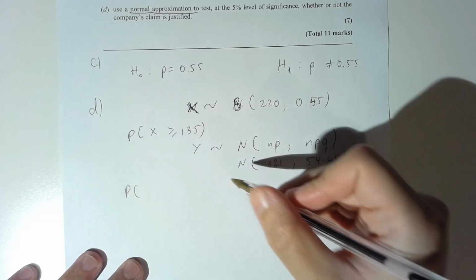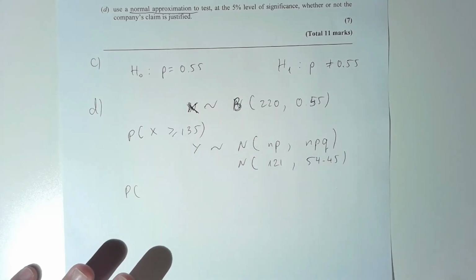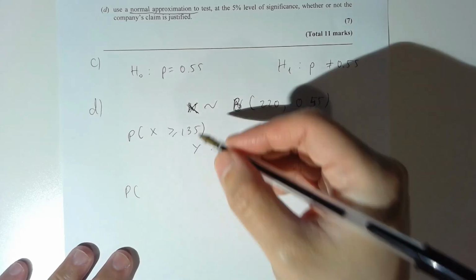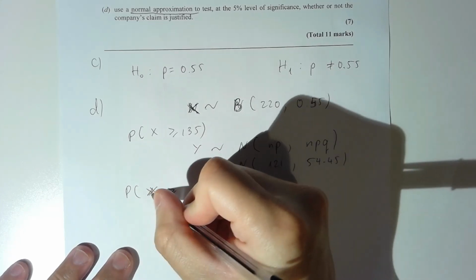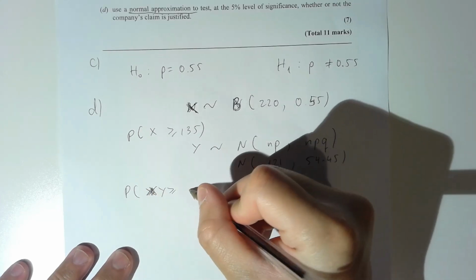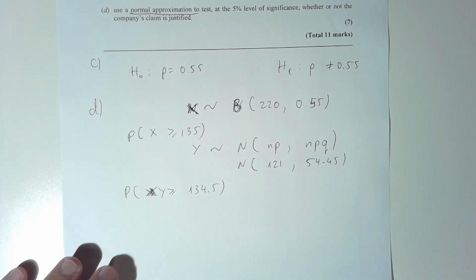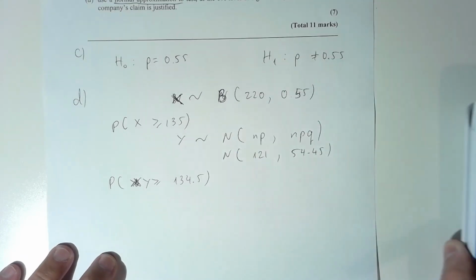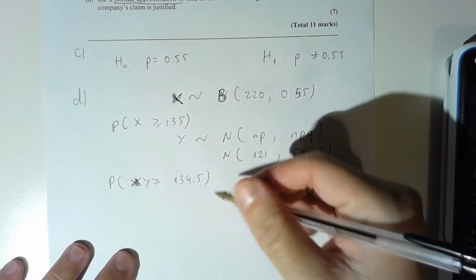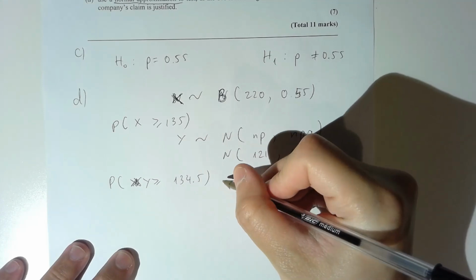Now we're looking for probability X. Now you see X start from 135 onward. I mean you have to go 0.5 unit outside the range. I mean X will be bigger equal than, actually Y, sorry, Y has to be bigger equal to 134.5 instead. Now, if you use normal calculator is CG50, I'm sure you can work out easily. But if not, you have using the calculator using the small one, which is FX991.